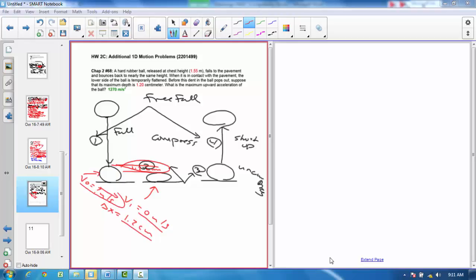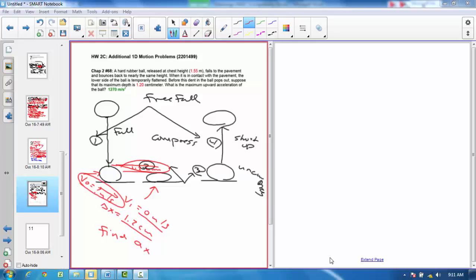If only I knew that, what equation could I use to solve this? If I knew v0, v1, and delta x, we want to find, it asks us to find the acceleration. And we're going to find the acceleration of the ball as it stops.